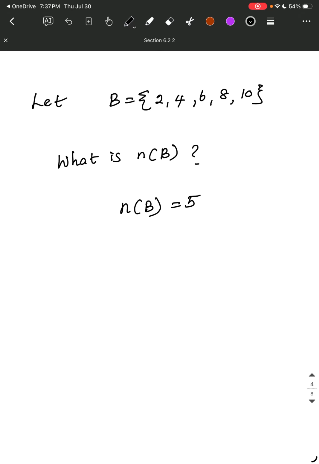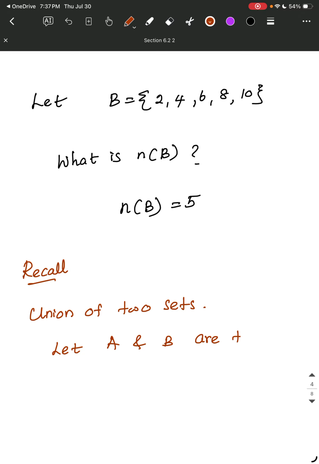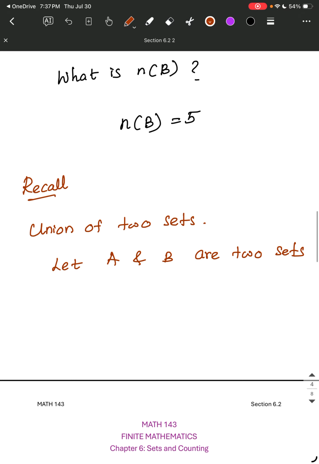Okay, let's recall the union and intersection before introducing the counting formula. Recall the union of two sets. Let A and B be two sets. Then the union A union B contains elements in A, in B, or in both.